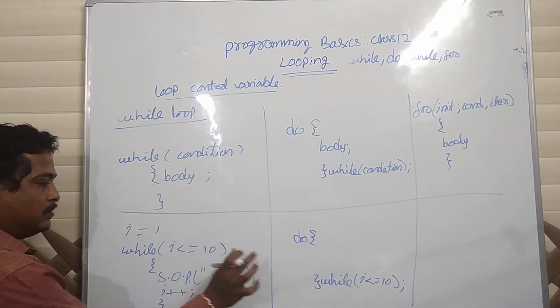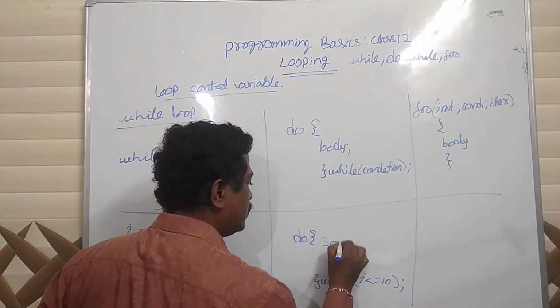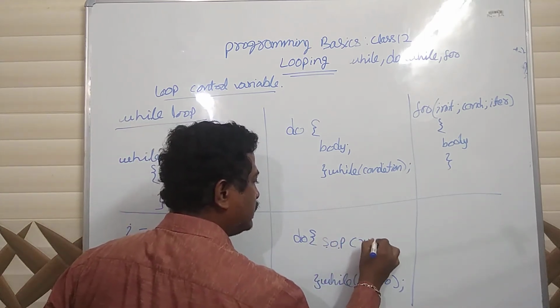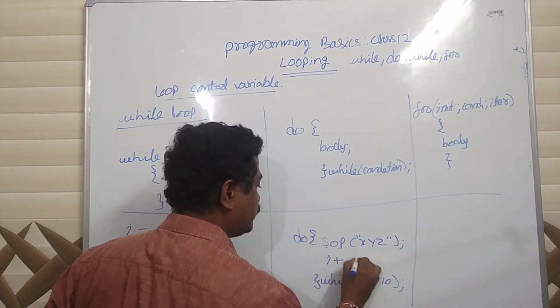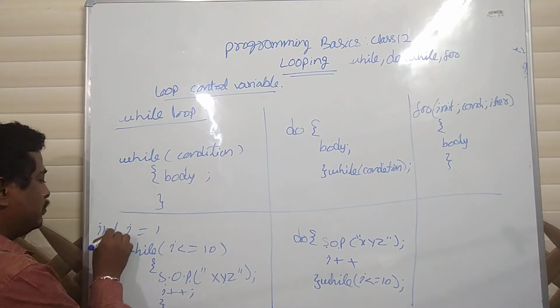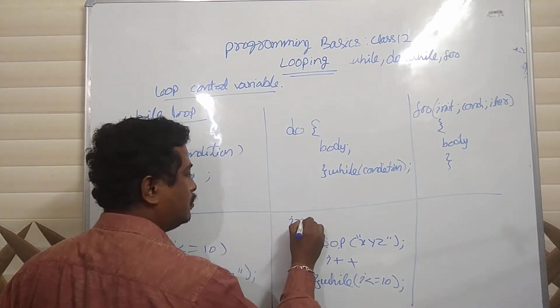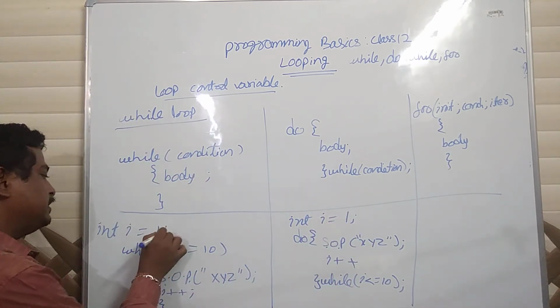That's the difference. Okay, body will remain same, SOP XYZ I plus plus. Before the body I have taken a loop control variable and initialized it. So it is initialized.